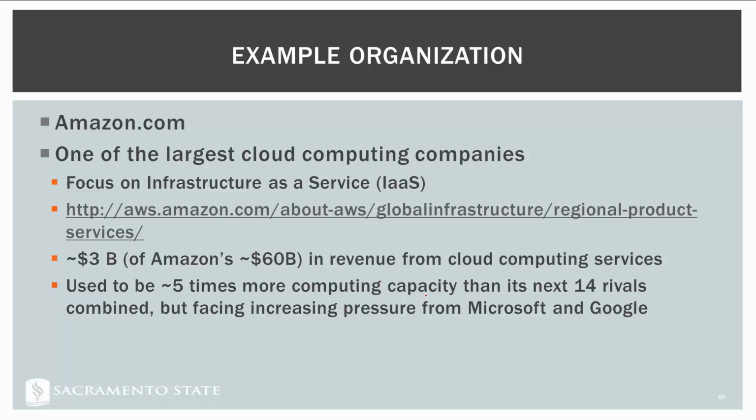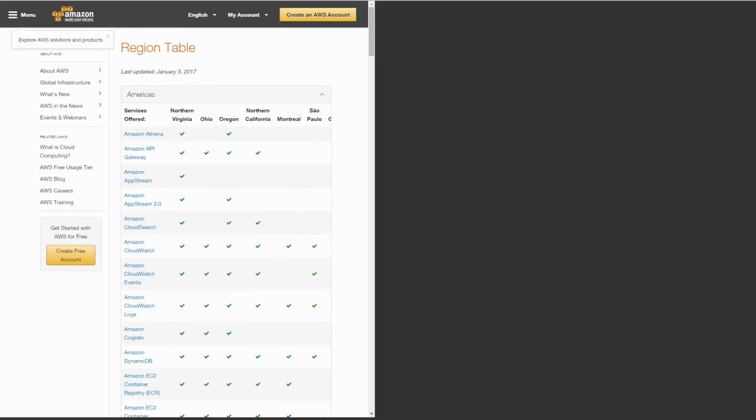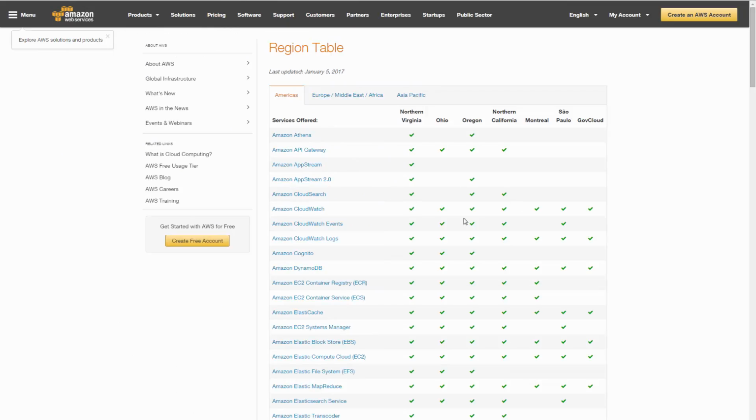But they do a lot of infrastructure as a service. So rather than software as a service, they mostly focus on servers and IT infrastructure. And we can look online at some of their various services. They have a lot of them, they're expanding them all the time, and they do a really good job. Here's, for example, the list of services and which data centers they offer them in.